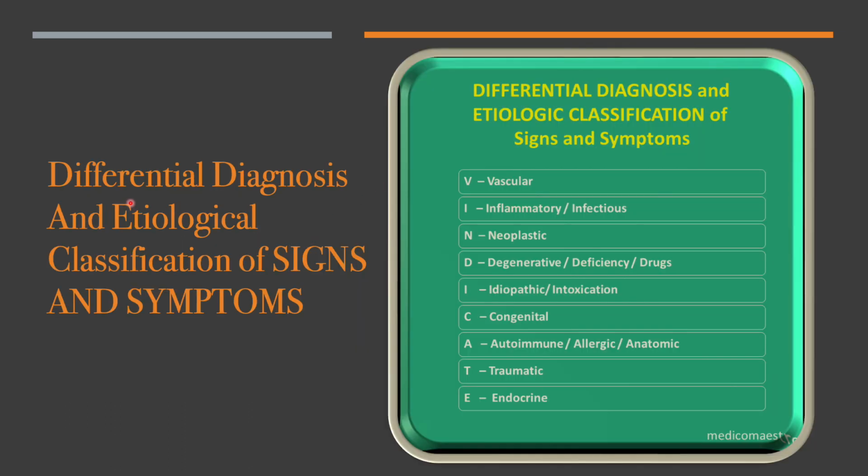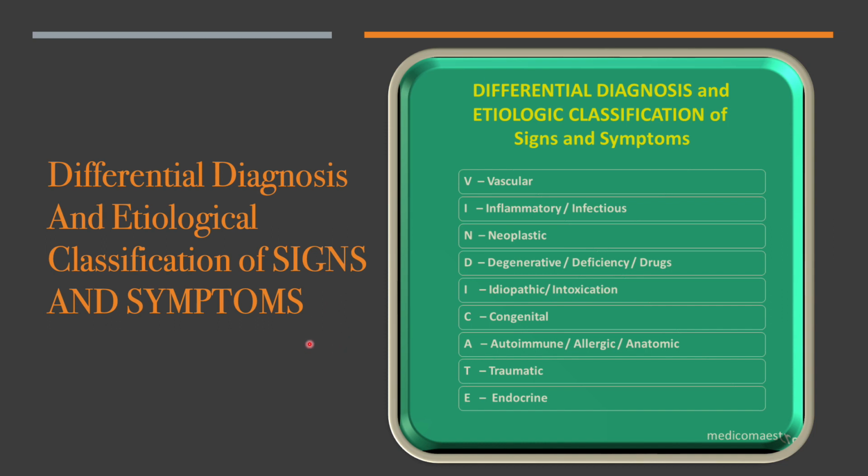Okay, this image shows the mnemonic for differential diagnosis and etiological classifications of signs and symptoms. You need to try to memorize it. It's VINDICATE. V stands for vascular, I is for inflammatory or infectious, N is for neoplastic, D is for degenerative, deficiency, drugs, I is for idiopathic.